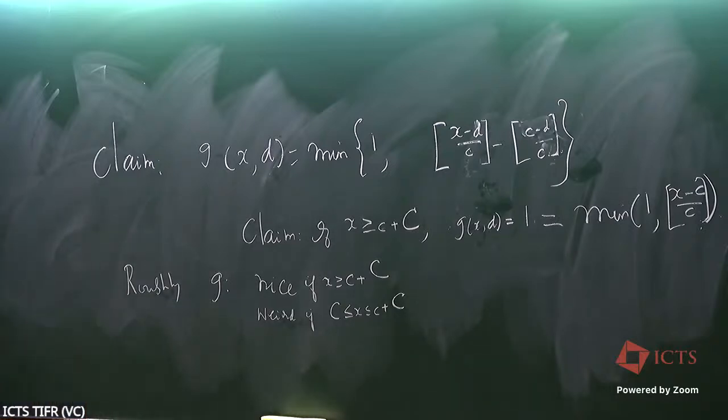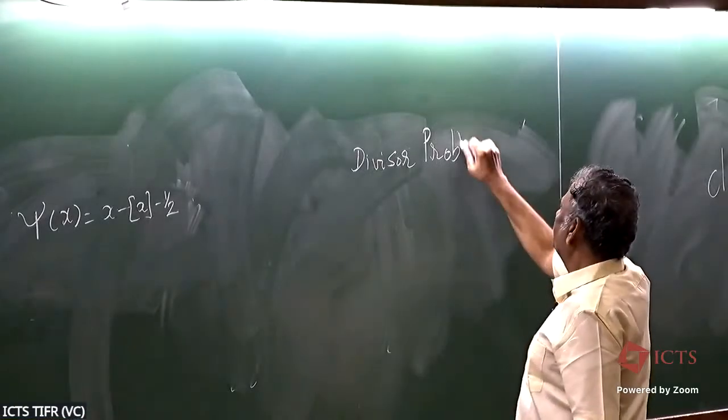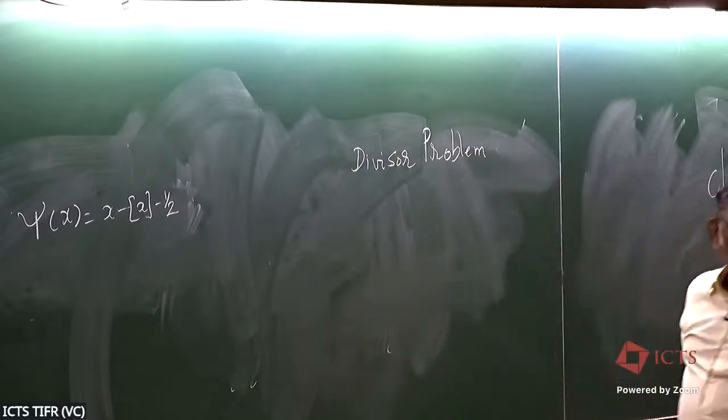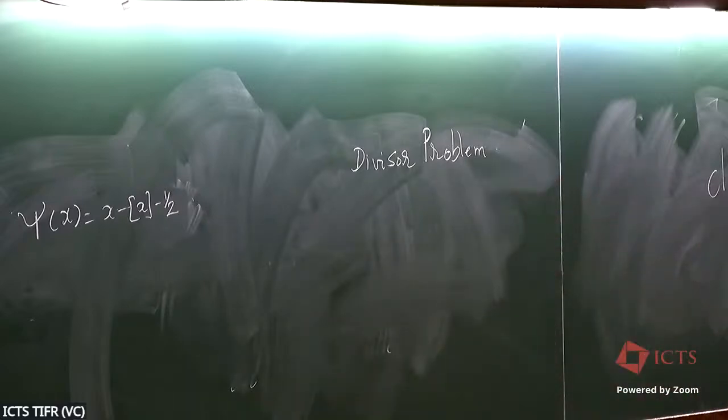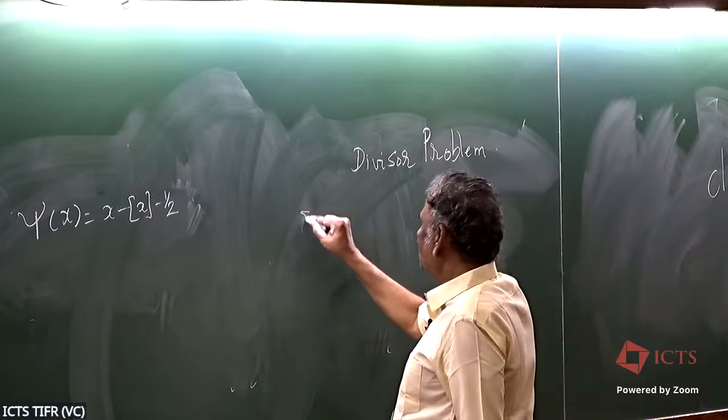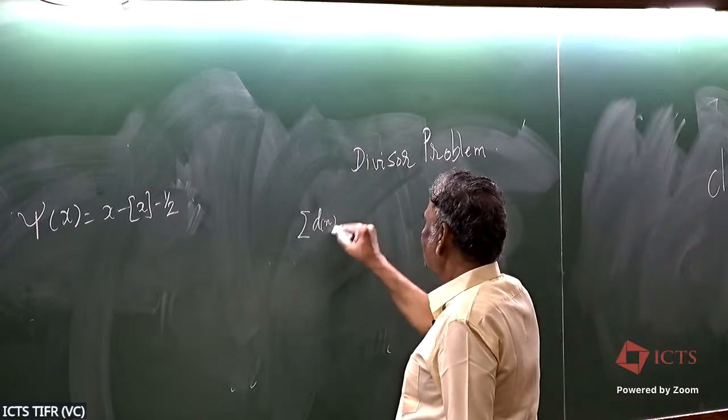Therefore, what is the psi function doing? Let me start with an example, the divisor problem, which is a standard thing. And therefore, we are now interested in the summation of d(n) for n not exceeding x.